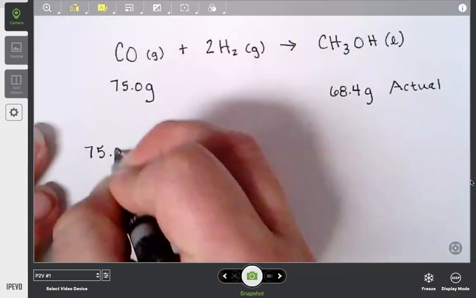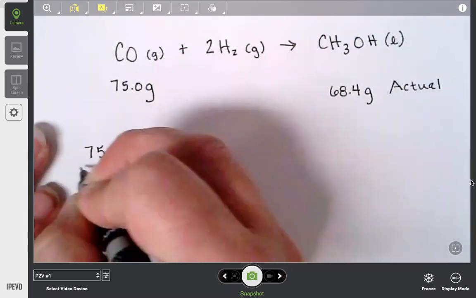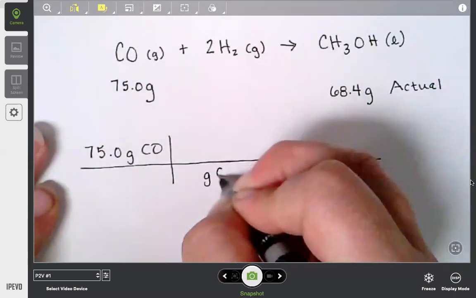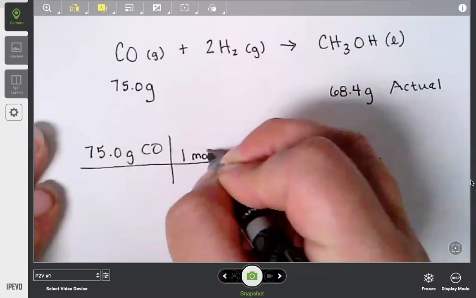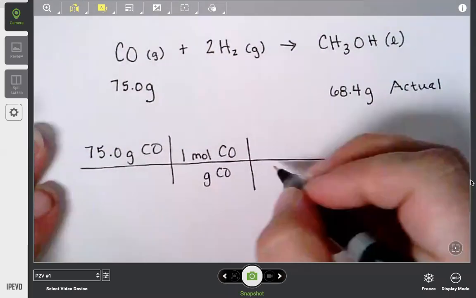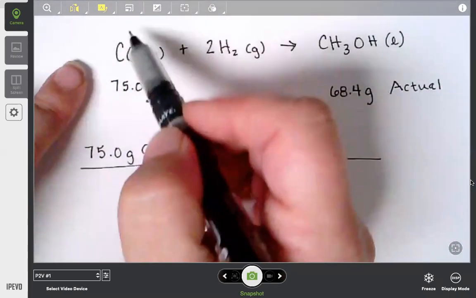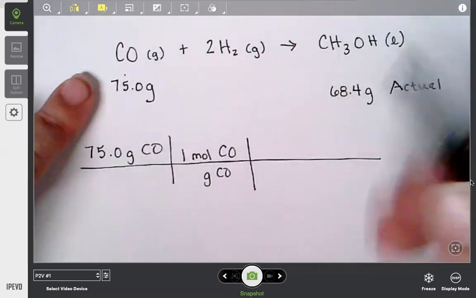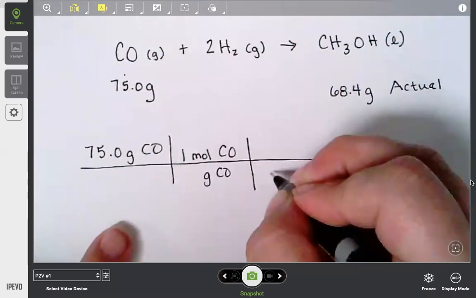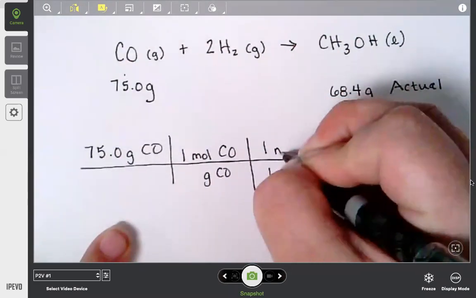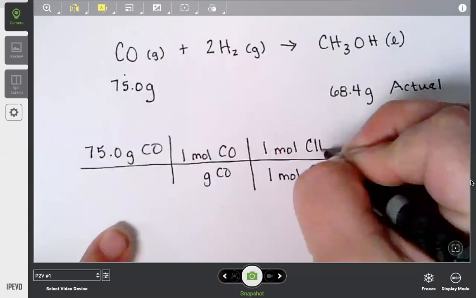So 75 grams of carbon monoxide. We're going to go from grams of carbon monoxide to moles of carbon monoxide. Once I have moles, I'll be ready for the mole ratio. And the ratio is going to be between what I have and what I'm trying to find. So I have 1 mole of carbon monoxide for every 1 mole of methanol, which is CH3OH.